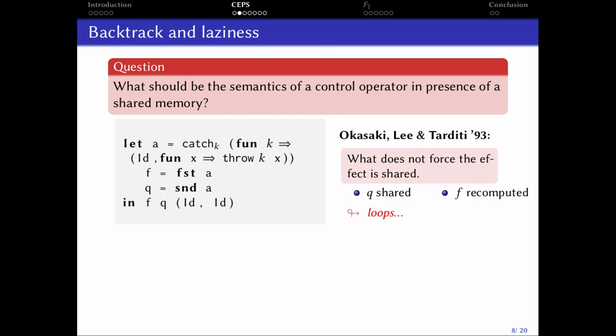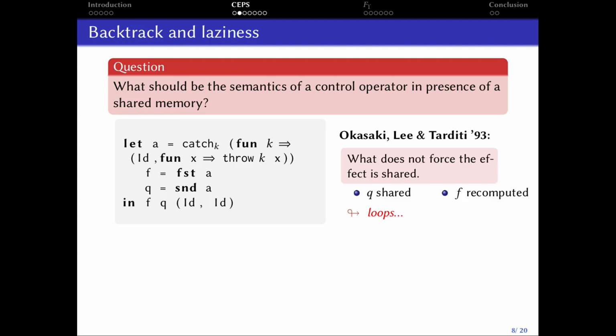In order to define a CEPS translation, the very first question to answer is to understand what the correct semantics of a control operator should be, so the mechanism related to continuation passing style, in the presence of shared memory. This question is hard, and it was already tackled in 93 by Okazaki, Lee, and Arditi.